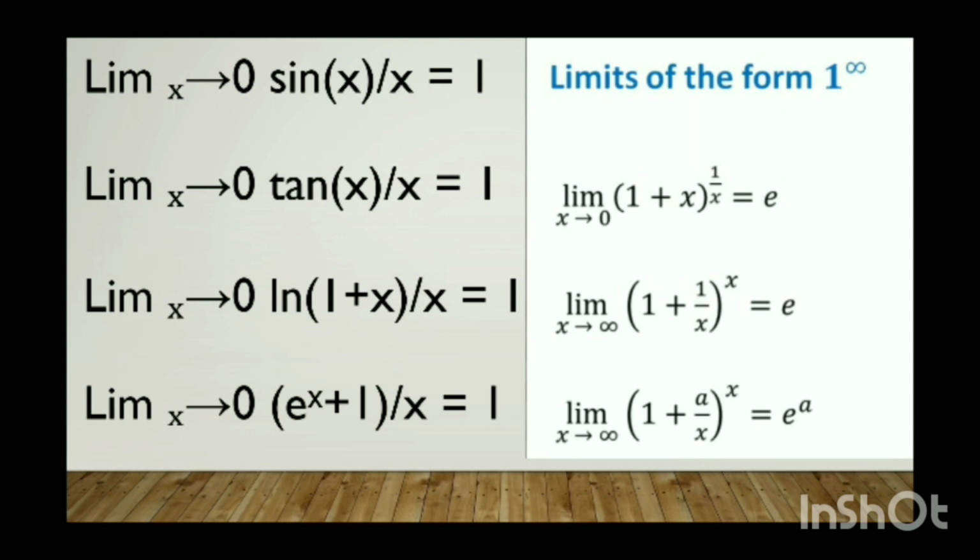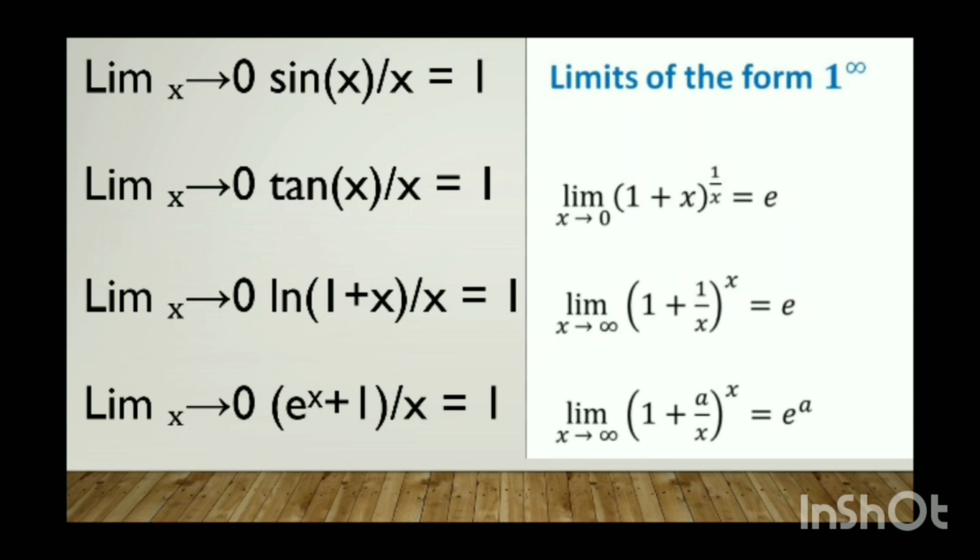In the third one, we have the limit as x tends to infinity of 1 plus a on x, raised to the power of x. Here x is infinity, so we have a on infinity.